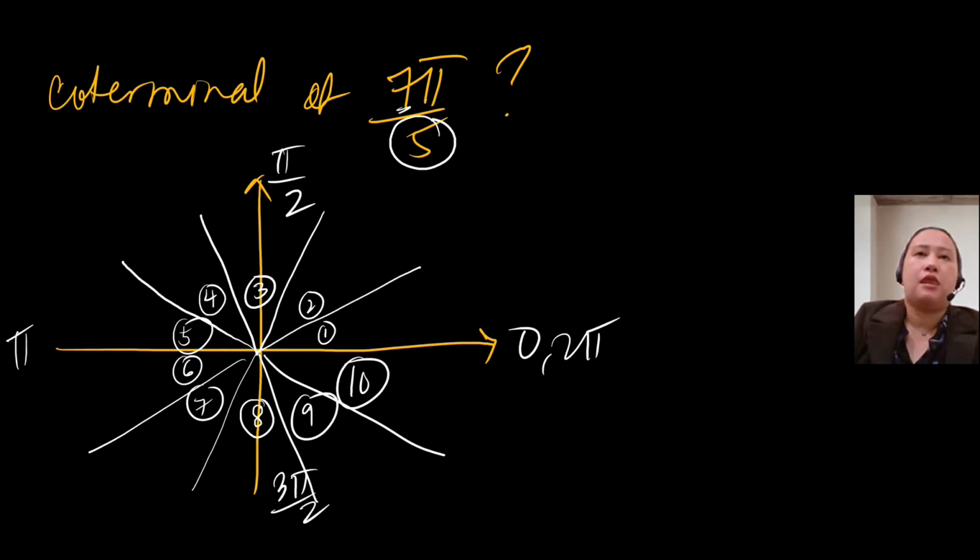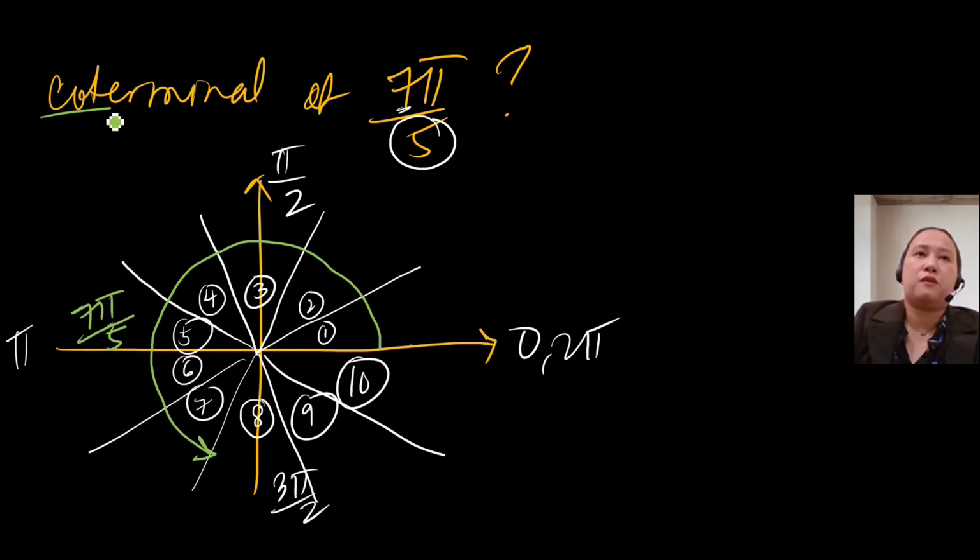Then what we need is 7. Since this is positive, we have to draw it counterclockwise. So we have 1, 2, 3, 4, 5, 6, and 7. That is the 7 pi over 5.